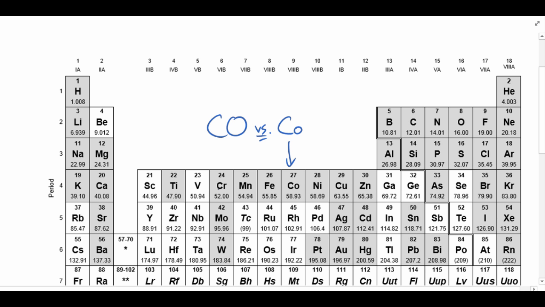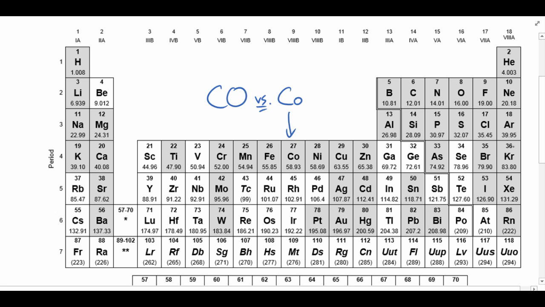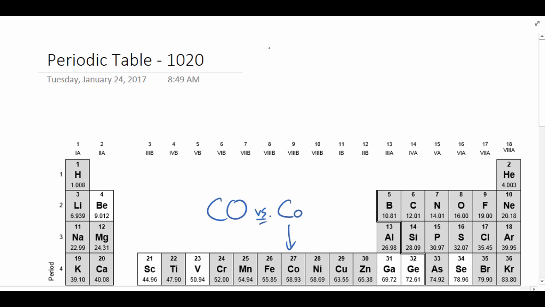Everybody was using lowercase or whatever. That was a big issue, but today I see a little bit better with that. And we talked about the reason why spelling is important, because sometimes the difference in one letter conveys a different meaning in its composition. The ones that you're responsible for, again, are the ones that are shaded in gray. We'll talk about those here in just a bit, but the element quiz that we'll have is going to be a week from today.